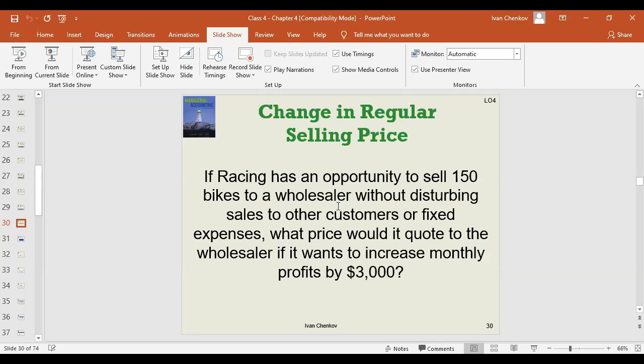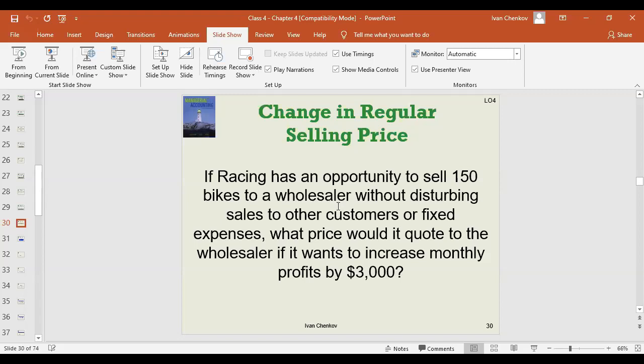Since the contribution margin per bike is $200 and I'm selling 150 bikes, it's 30,000. The thing is, I don't want the 30,000. I'm already above the break even, so every dollar I generate goes to my operating income, and I want only 3,000 from those 150 bikes.